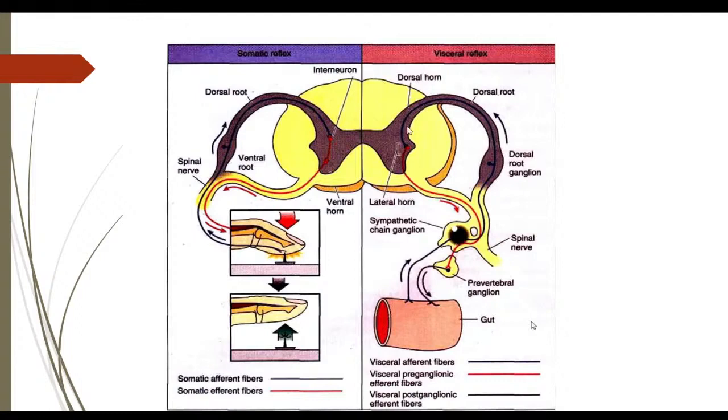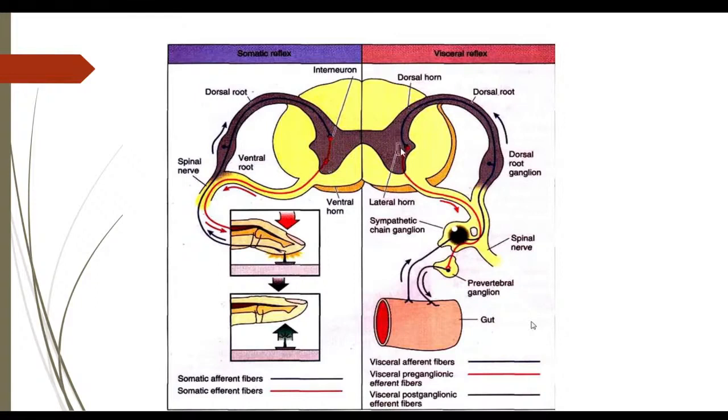One moment, the dorsal horn also communicates with the dorsal root ganglia in the case of the visceral reflex. But in the visceral reflex it is very well visible that in the sympathetic chain ganglion, the motor neurons are located outside the spinal cord. Again, the receptor is located inside the body, and the impulse migrates to the dorsal root ganglion.